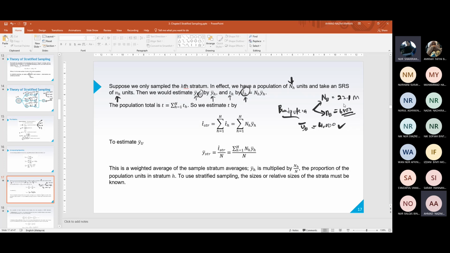And for the TH here, we can estimate it. What is TH? TH is the actual population total. We can estimate it by using the estimated population total, based on the 6,800 sample.